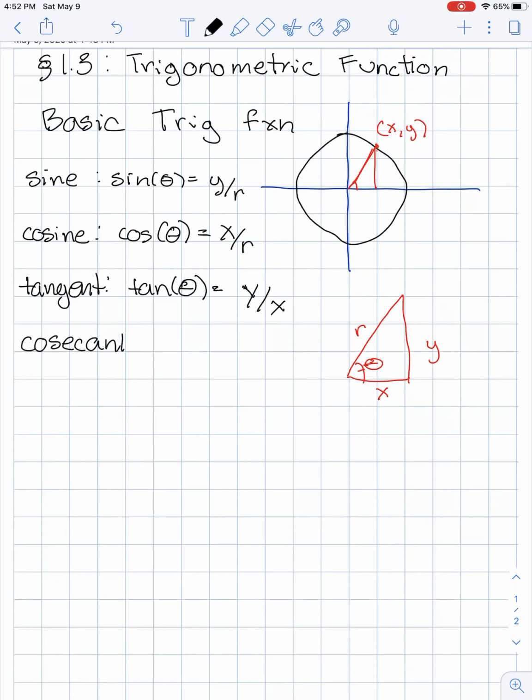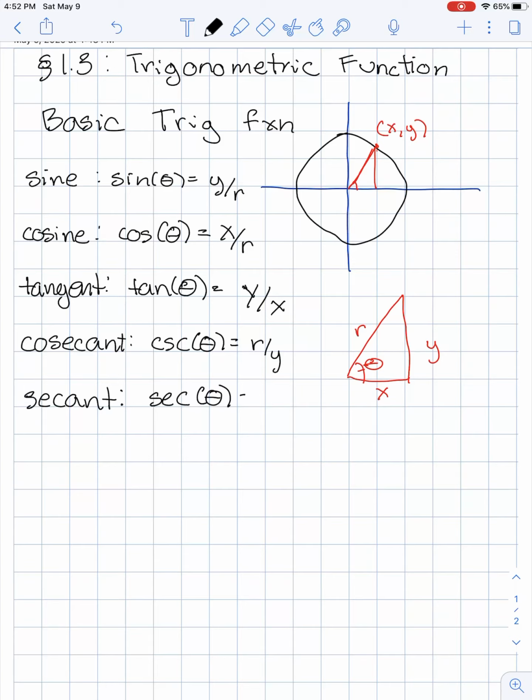So we have cosecant. We write that as CSC, cosecant of theta, and that one is going to equal r divided by y. We just have plain old secant.